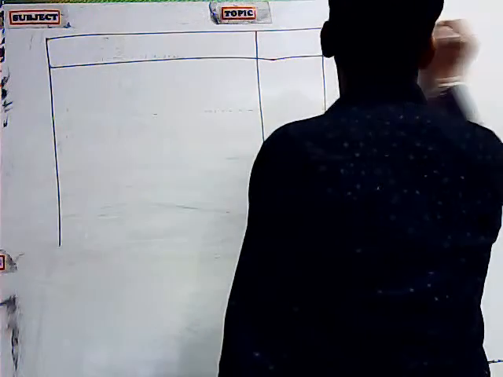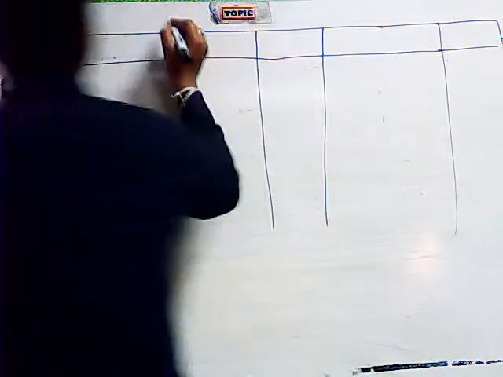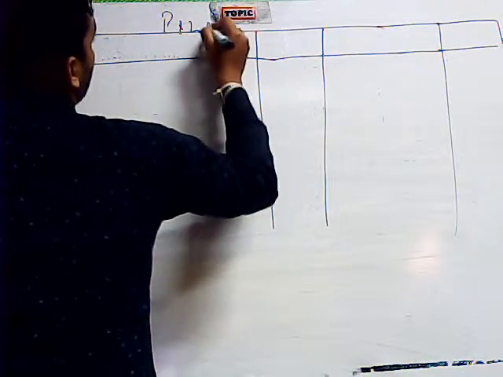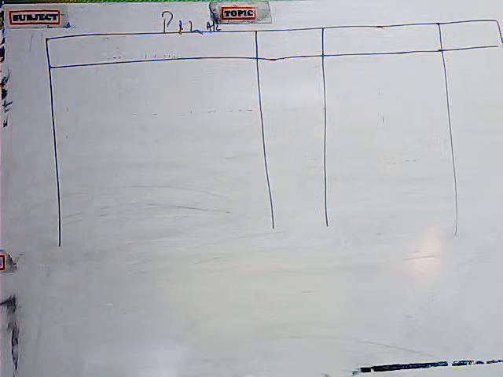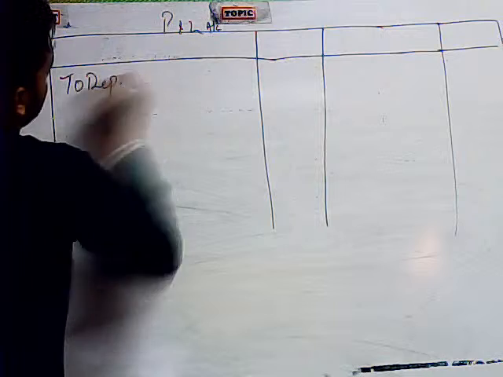So class, let's start how we have to calculate here. First of all, we have to prepare a machinery profit and loss account. I'm just preparing the debit side of the profit and loss account, not the credit side. Okay? That is your profit and loss account. And how we have to store this thing? Once again, through depreciation.